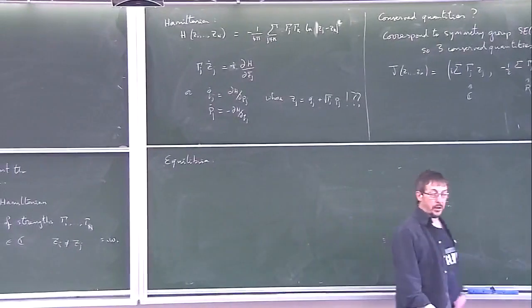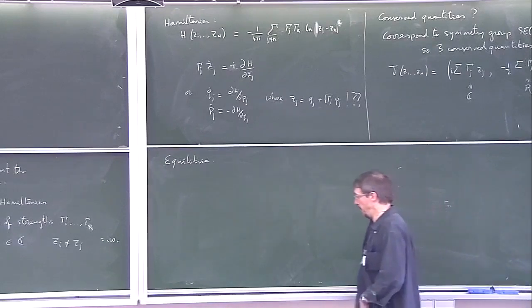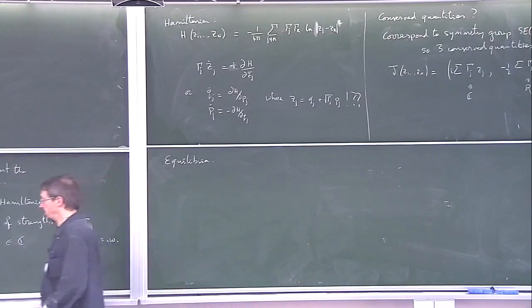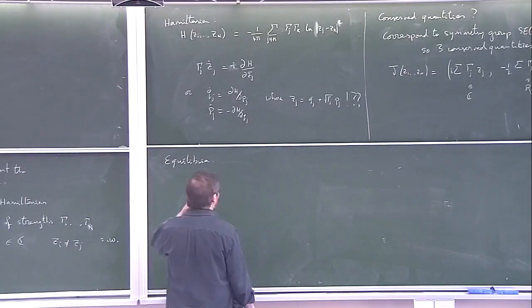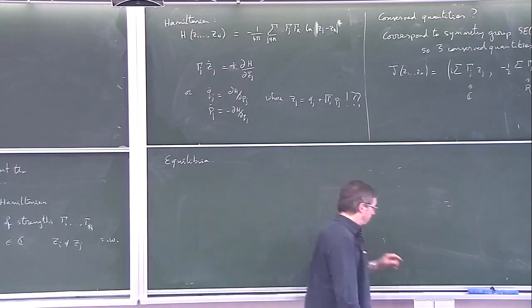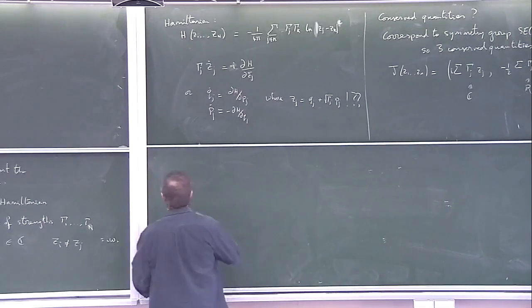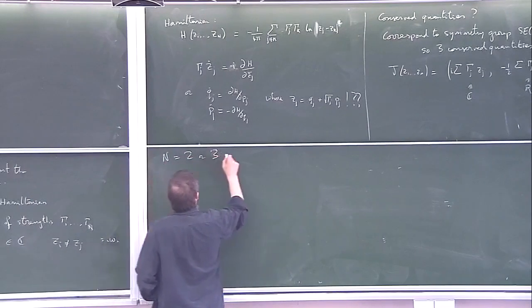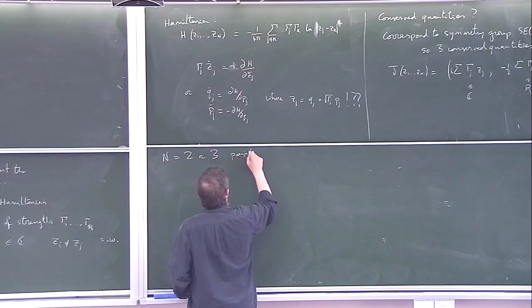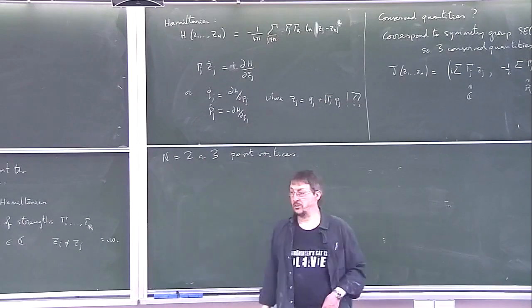Are there any equilibria? The answer is there may be. So actually, in general, there are lots of them. Let me just look at a couple of examples with a low number of point vortices.